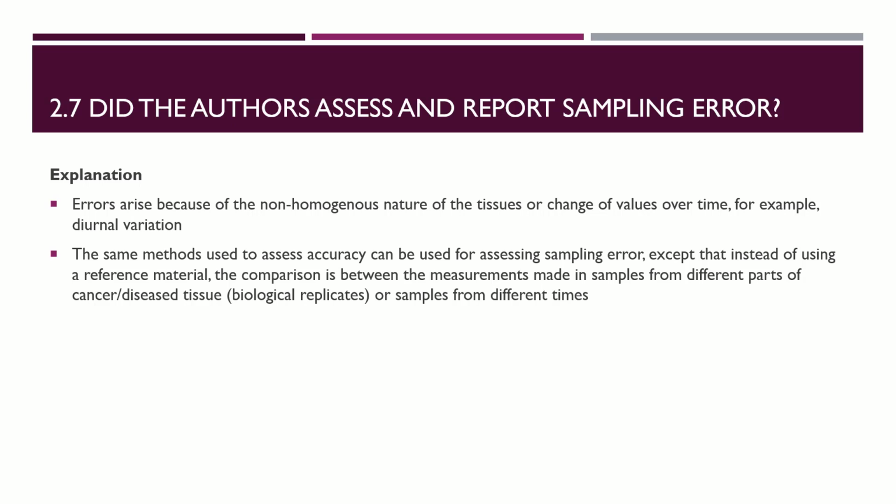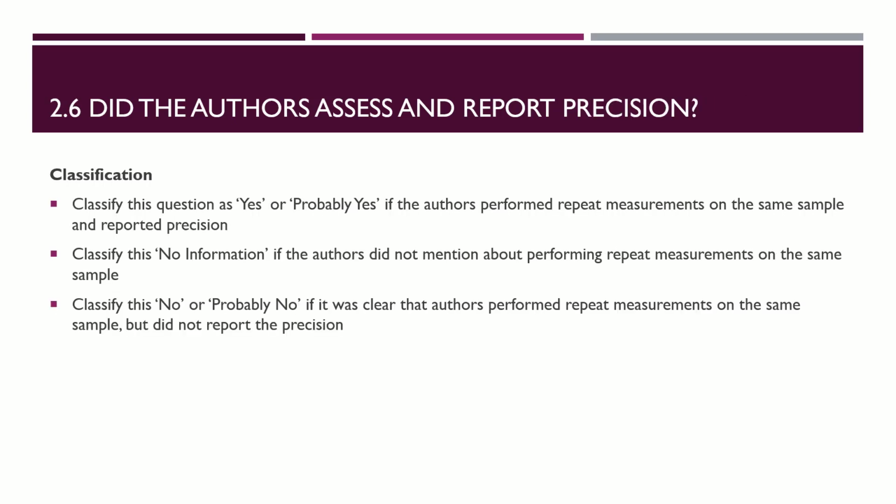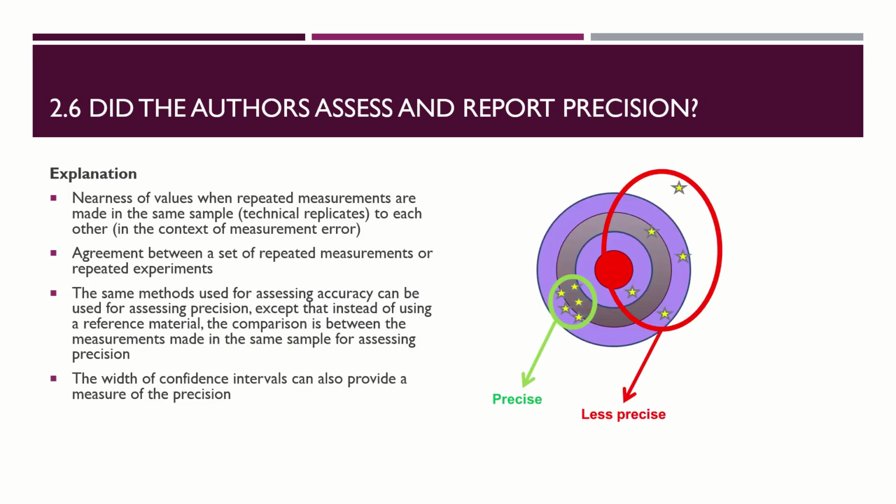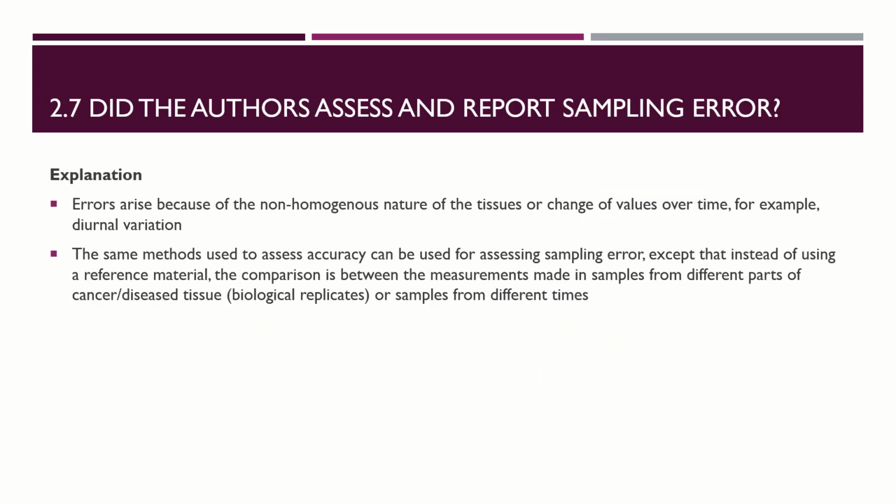These are called biological replicates, or samples from different times. Now, in the previous signaling question, precision, we are talking about measurements made in the same sample. In this signaling question, we are talking about measurements made in samples from different parts, or it could be samples from different times.